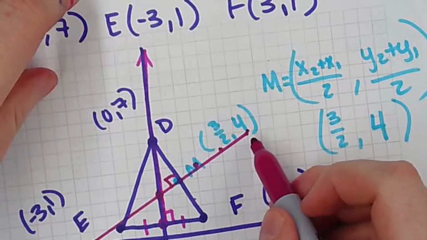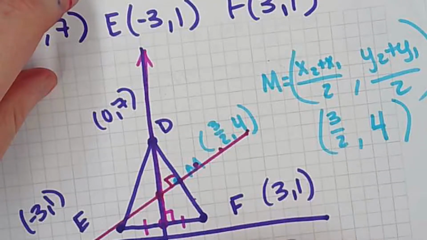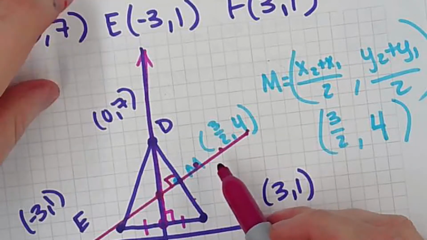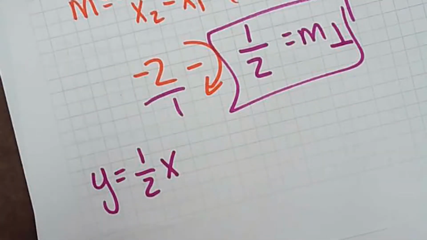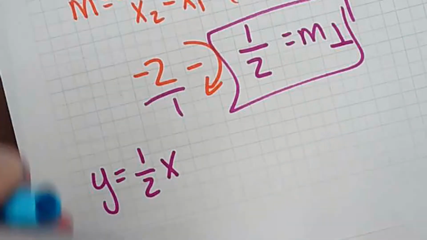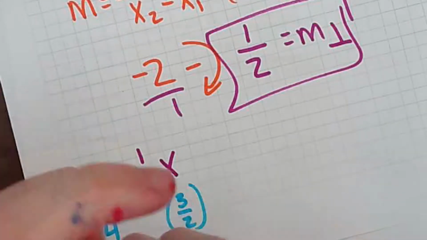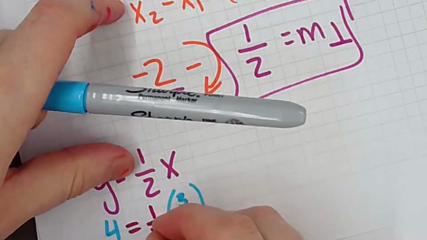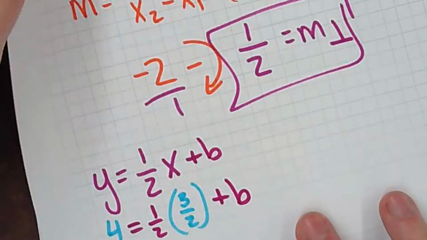So what I mean by that is if we plug in 3 halves and 4 for x and y, we should be able to find what the b value, the y-intercept, is. So if I plug that in, plugging in 4 for y and 3 halves for x, I can solve for what my y-intercept is.